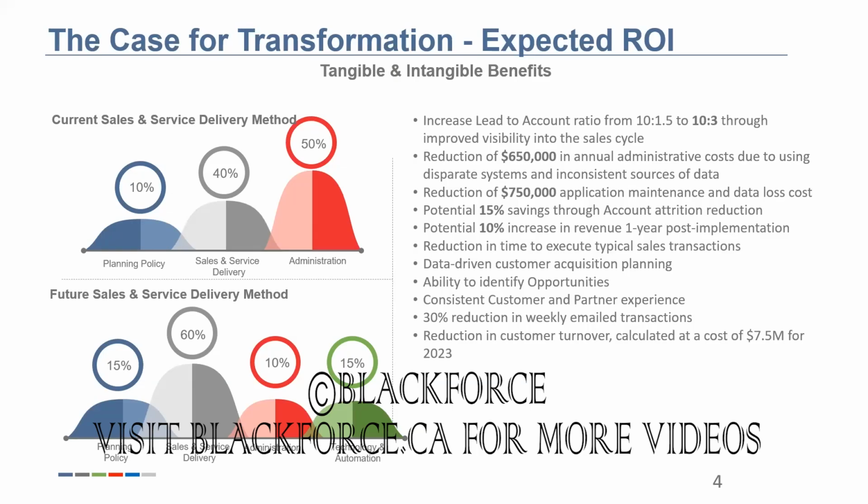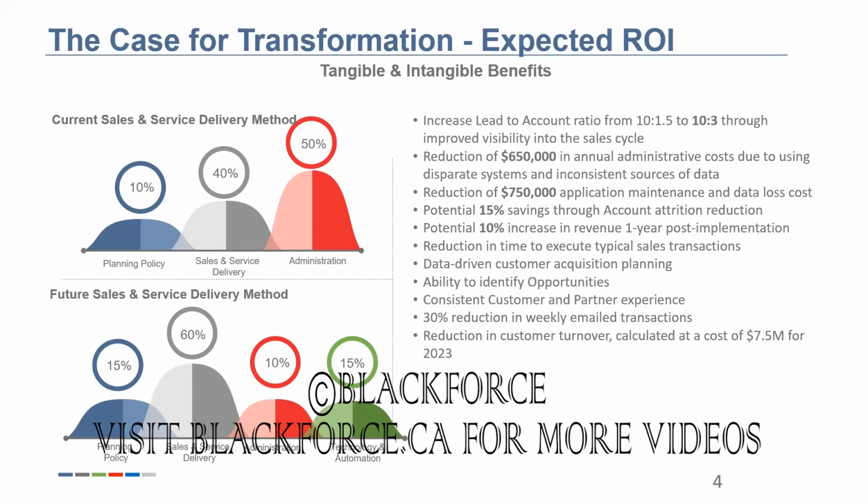This is already a win for Topshop because sales and service is why we exist. Administration is going to go down to 10% from 50%. And technology and automation will be 15%. Part of this 15% is going to be the implementation of Salesforce.